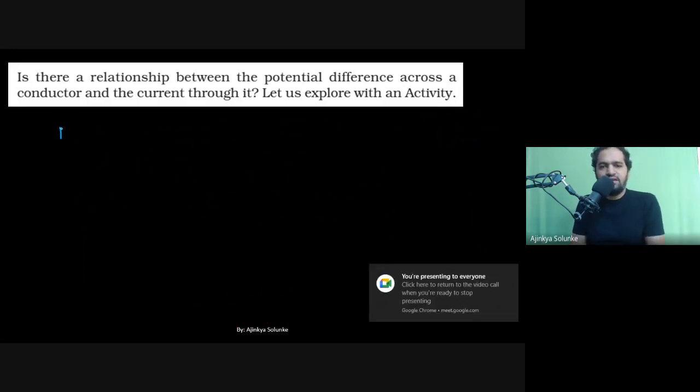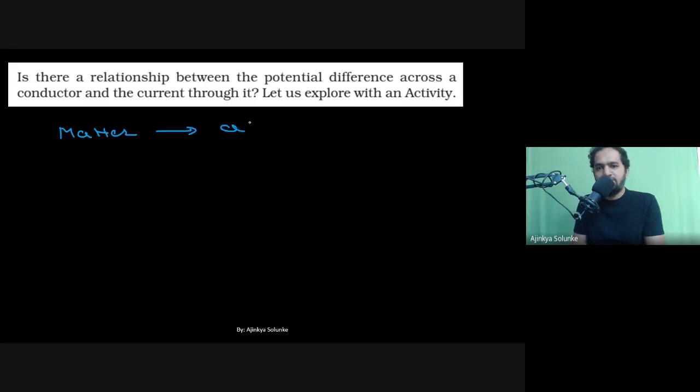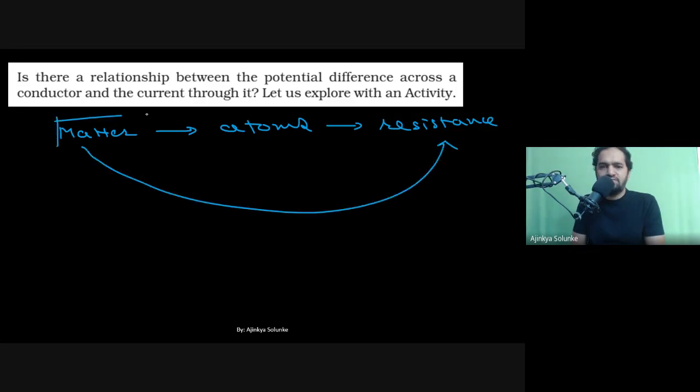Can I say every matter in the world is made up of atoms? Agreed? Every matter in the world is made up of atoms, and atoms provide resistance. So can we say every matter in the world has resistance, because everybody is made up of matter?